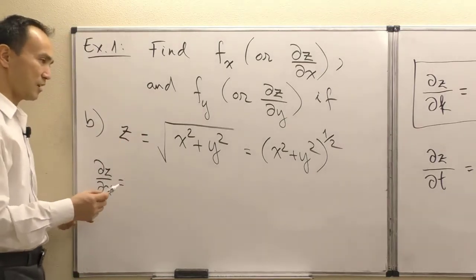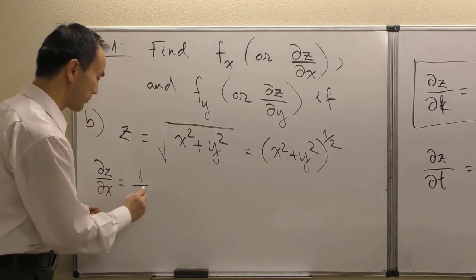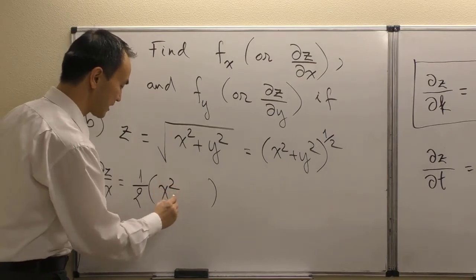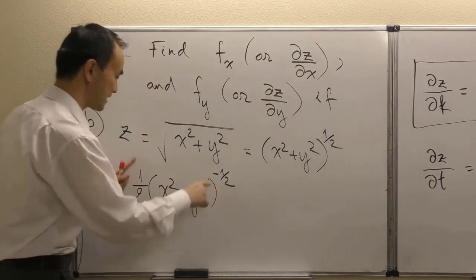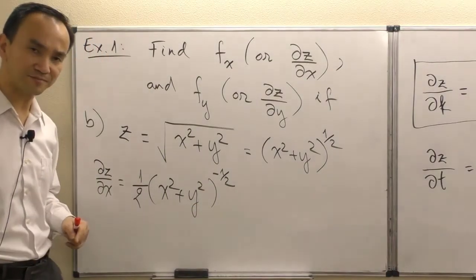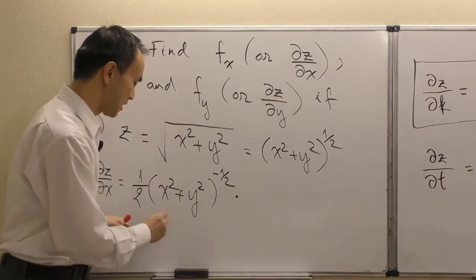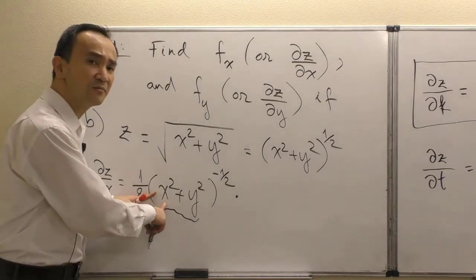The chain rule says we have to take the derivative of the outer function, which is 1/2 times the whole inside, x squared plus y squared, to the negative 1/2. That's the derivative of the outside function. Then I multiply by the inside derivative. There are two terms, but only the first term is in terms of x.